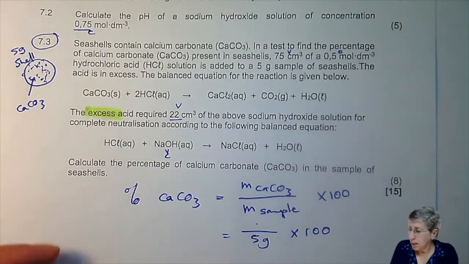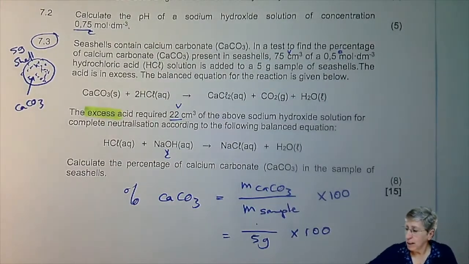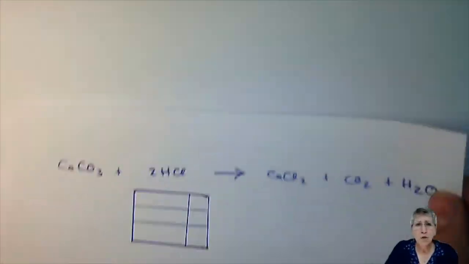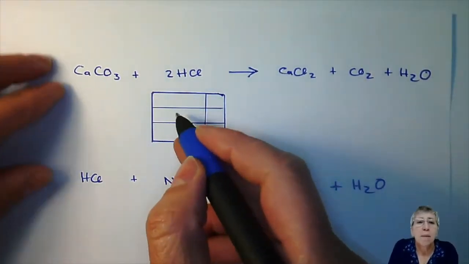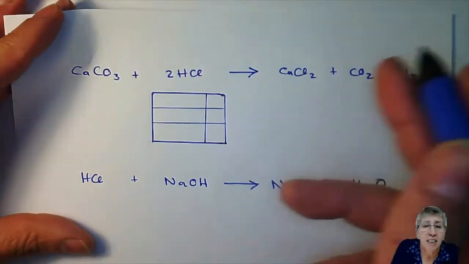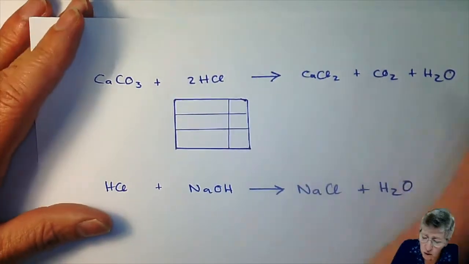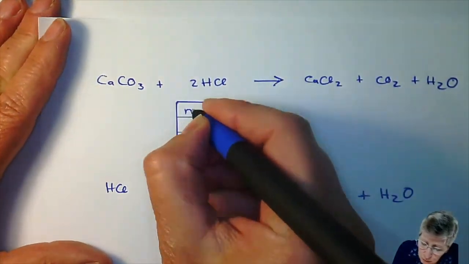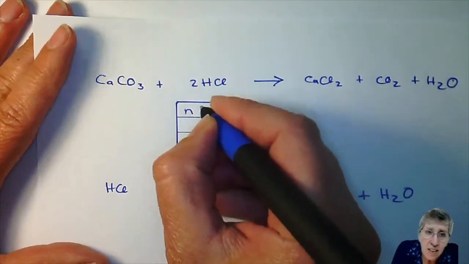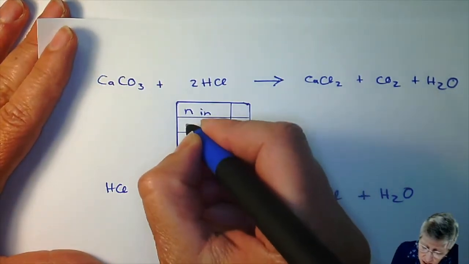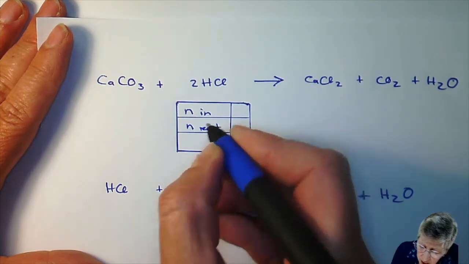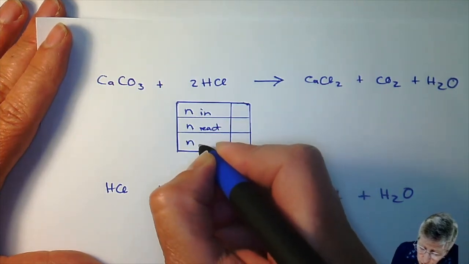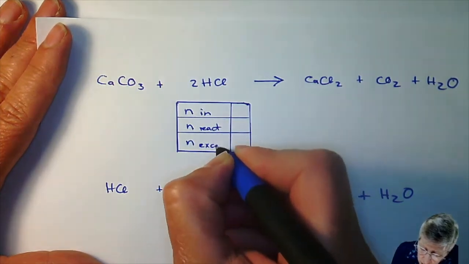Right, now to do that, I am going to approach this by once again drawing a table for the one that is in excess. Now the HCl is in excess, so I'm immediately going to say I have to be aware that the number of moles that I put in is not the number of moles that react, and it is not the number of moles that remain afterwards in excess.